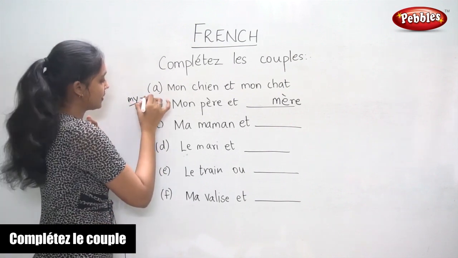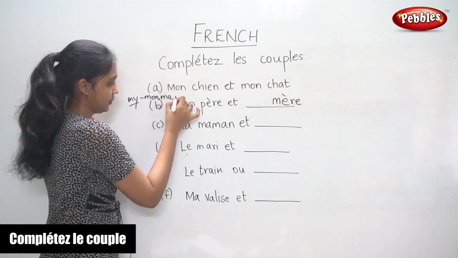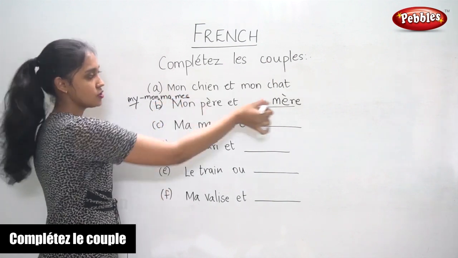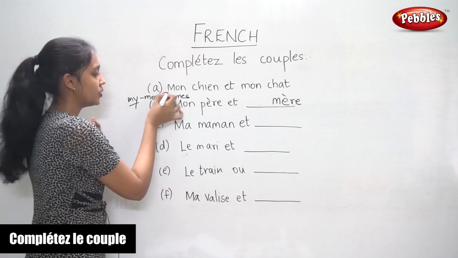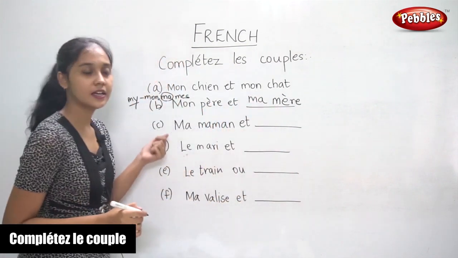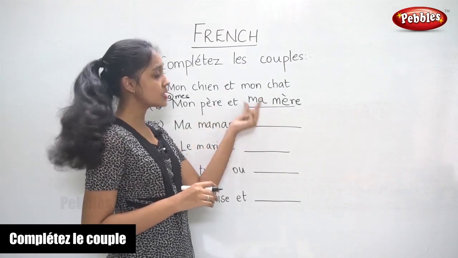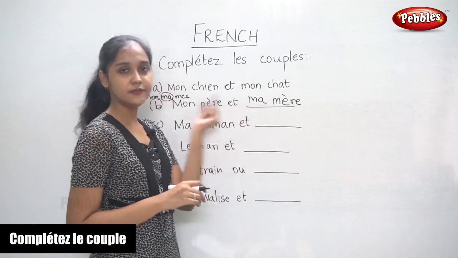So, the words for my are mon, ma, mes. So, for feminine singular, we use ma. Mon père et ma mère. So, this is how we use the possessive in a phrase.